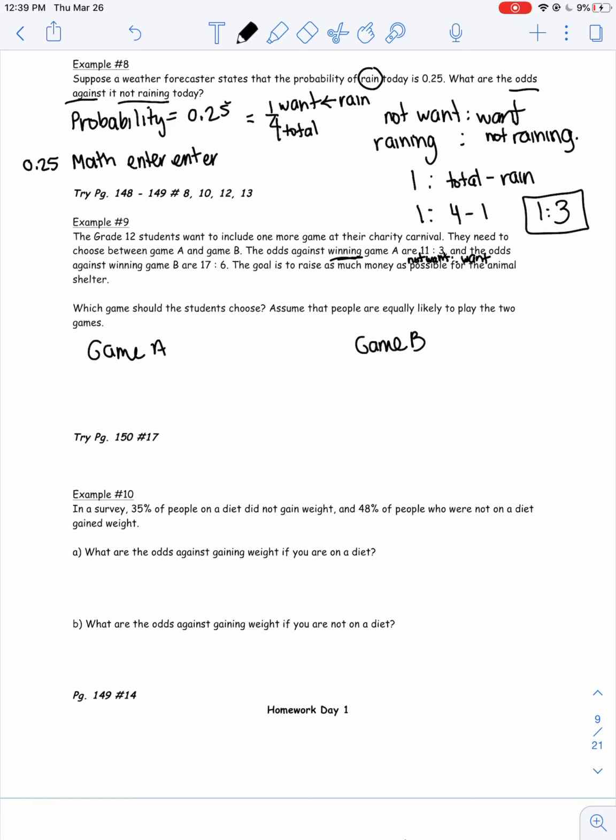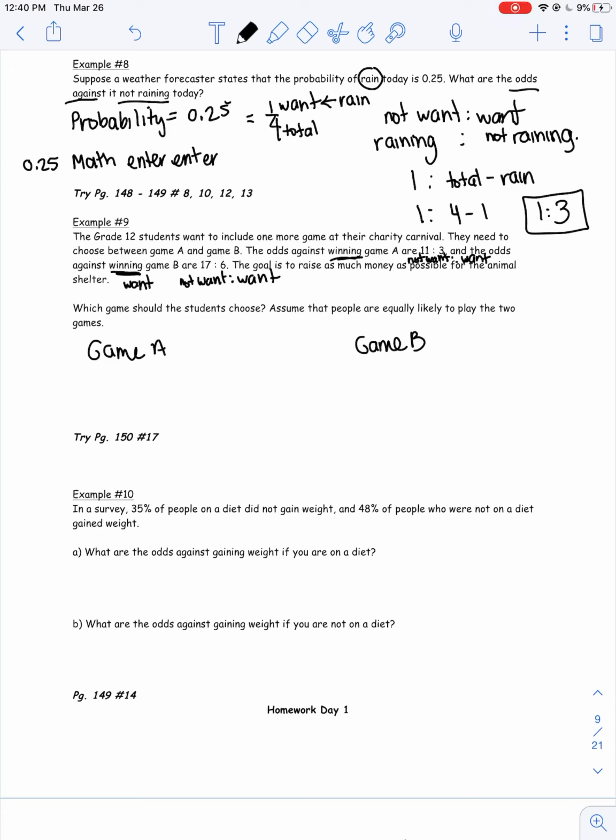So winning will be the 3 and not winning will be the 11. That's what that really states. For the odds against winning game B, again, this is our not want to want. Winning is always our want statement, so our want means 6 in this case.